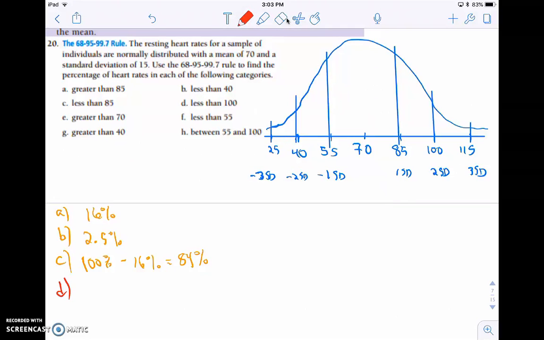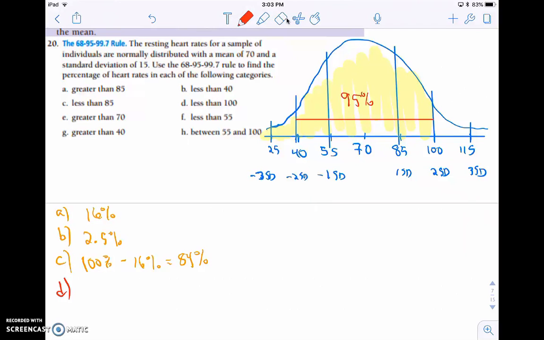Okay, looking now at part D, less than 100. If we look at less than 100, that's going to be all of this stuff right here. So we want to know all of that data. Remember, 100 is 2 standard deviations above and below. So remember, between 100 and 40 is 95%.